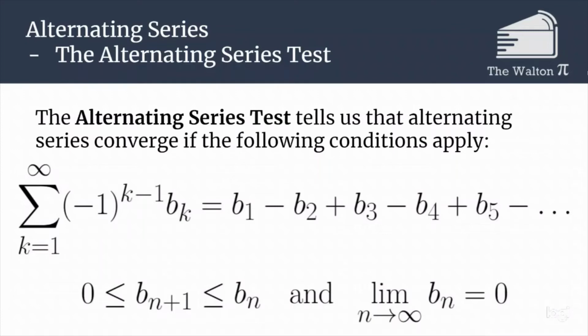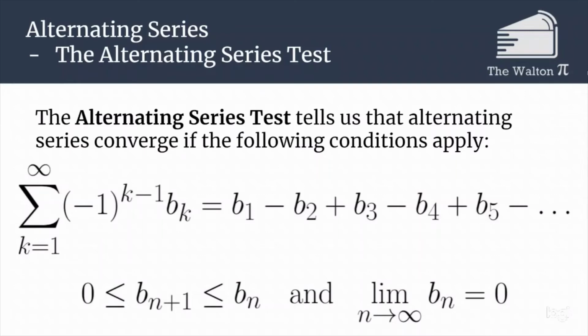And we also need the b values to be decreasing, so each term is less than or equal to the term that came before it, and we need the limit of b sub n to go to 0. So we need the b values to always be positive, and we need them to be decreasing to 0.